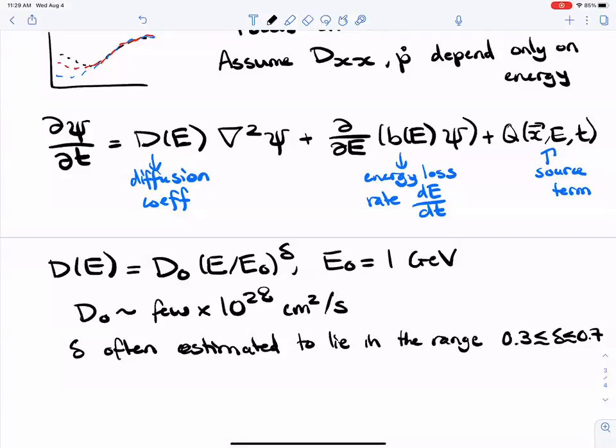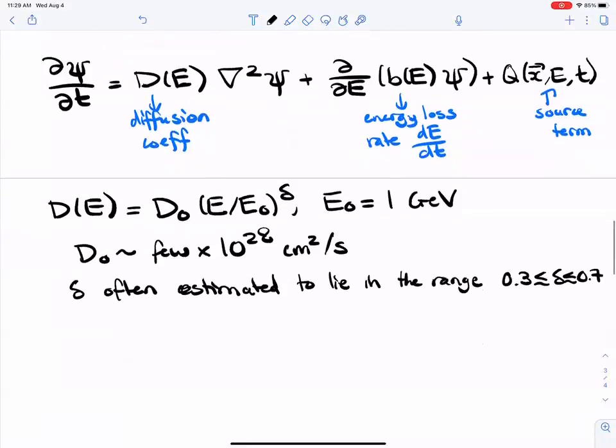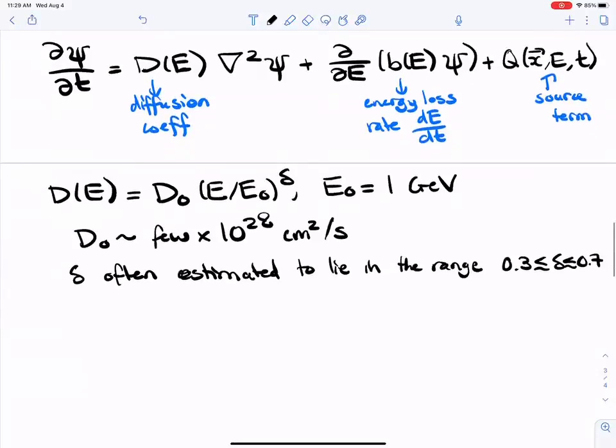But in reality, this is a parameter that we fit from observations of the cosmic rays. There are some theoretical models for specific turbulent structures, which are called Kolmogorov type diffusion and Kraichnan type diffusion, which suggest respectively delta of 1/3 or 1/2.